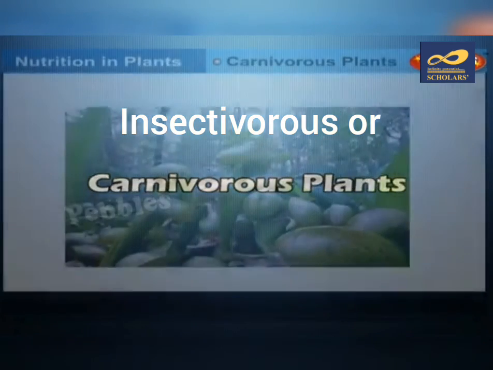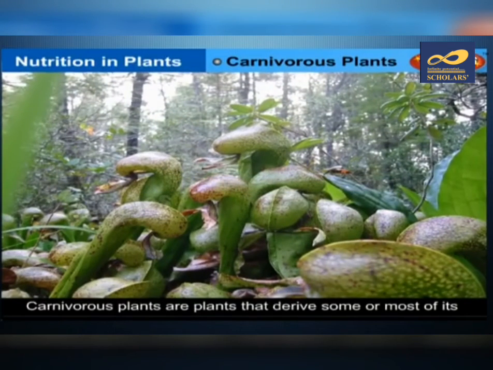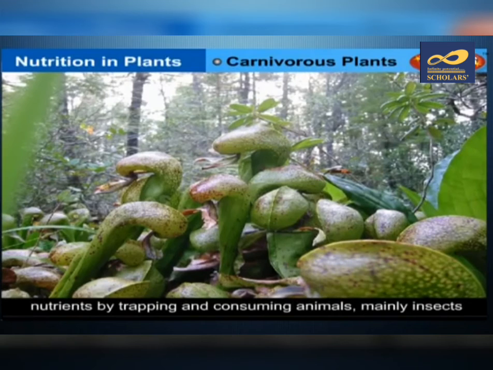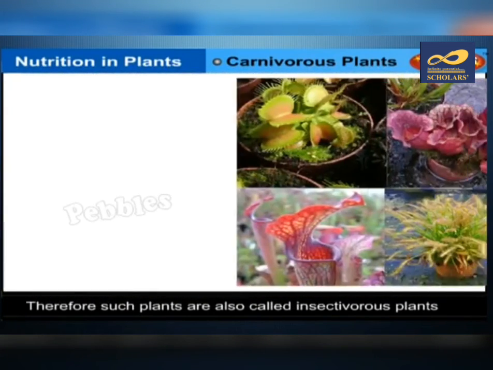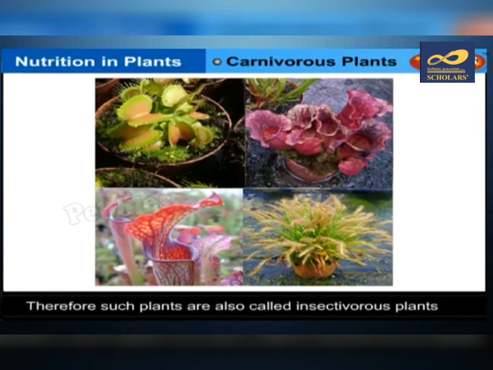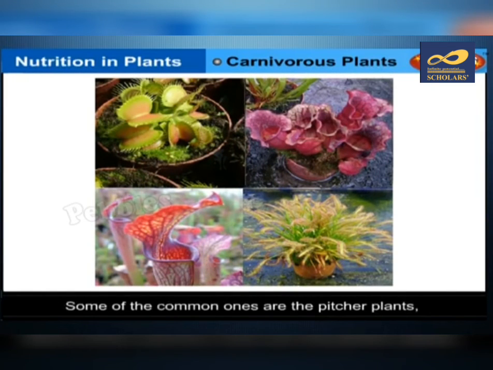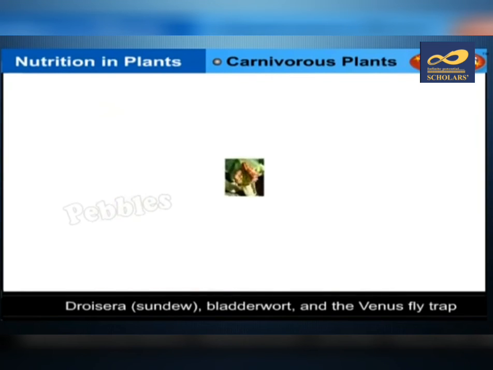Carnivorous plants. Carnivorous plants are plants that derive some or most of their nutrients by trapping and consuming animals, mainly insects. Therefore, such plants are also called insectivorous plants. Some of the common ones are the pitcher plants, Drosera, sundew, bladderwort, and the Venus flytrap.